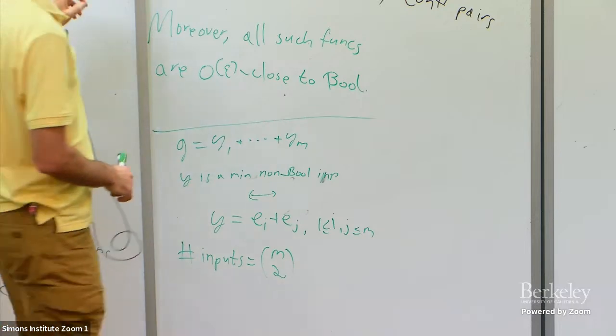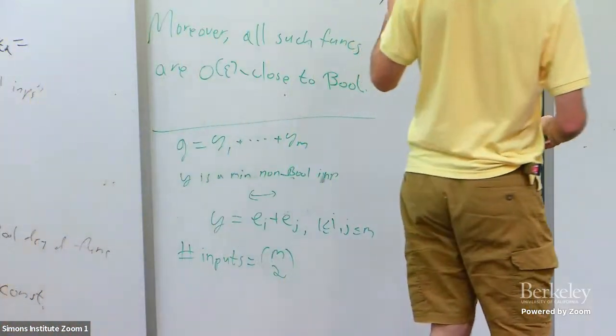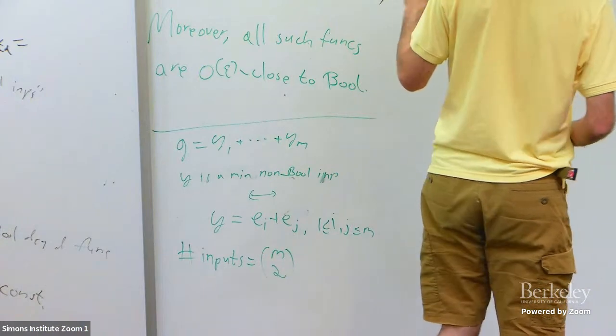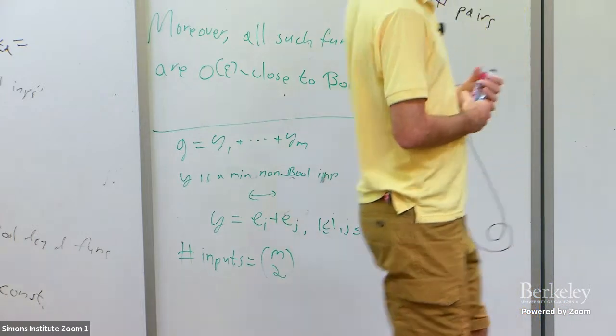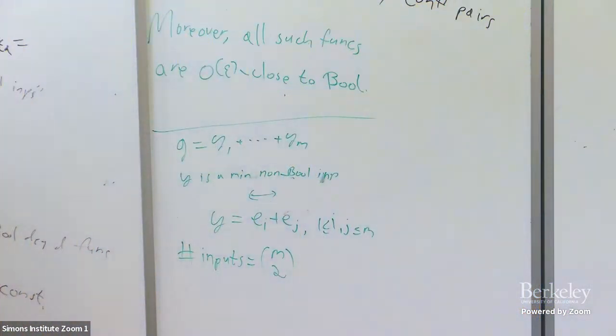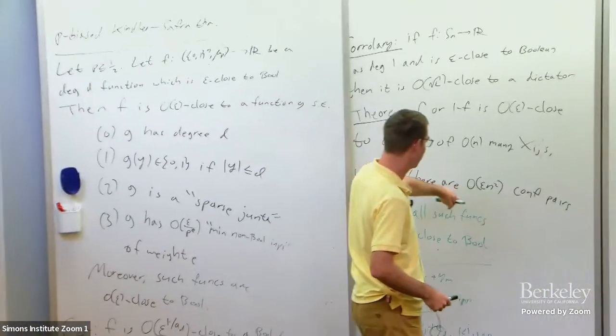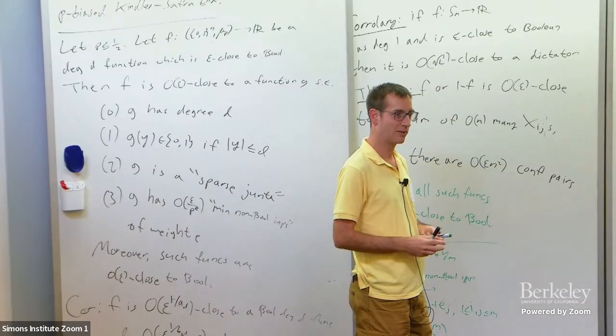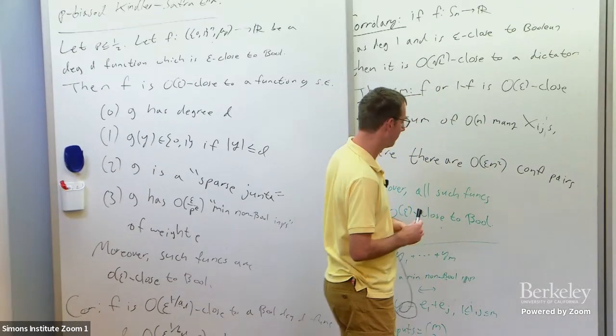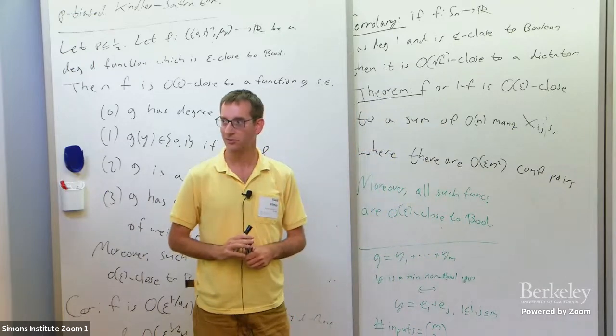And this is also exactly the same thing that we had for the symmetric group, p to the power e. It's the same thing as here. So a conflicting pair is exactly the same thing as a minimal non-Boolean input. Okay, now we're good with this.